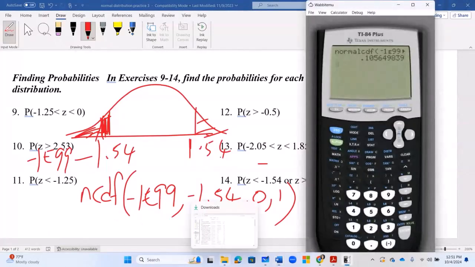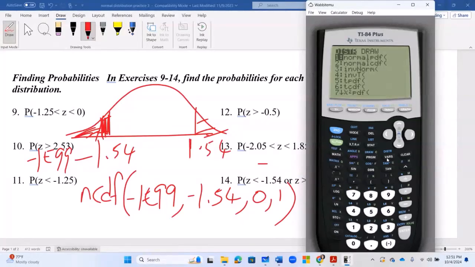So I'm going to clear. Then I will go to second verse, number 2. The lower bound is negative 1e to the power 99. It's already in there. And the upper bound is negative 1.54, so I can change it here.